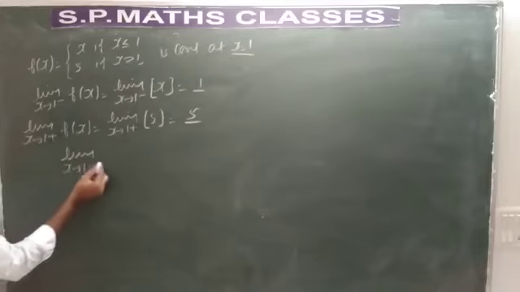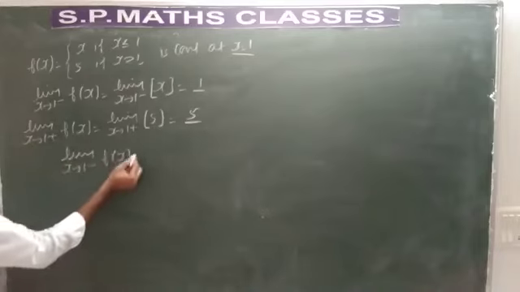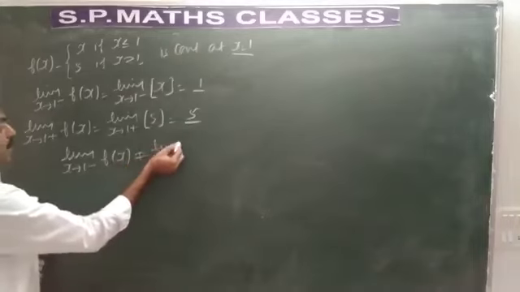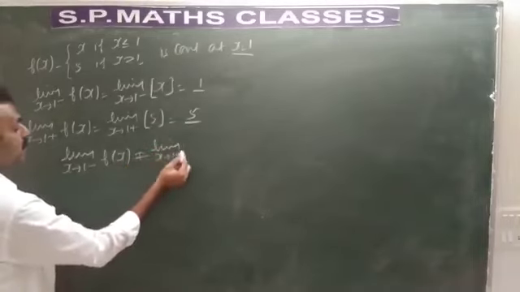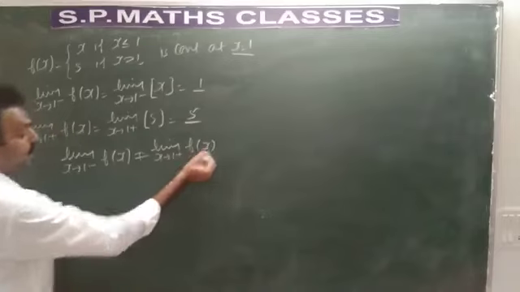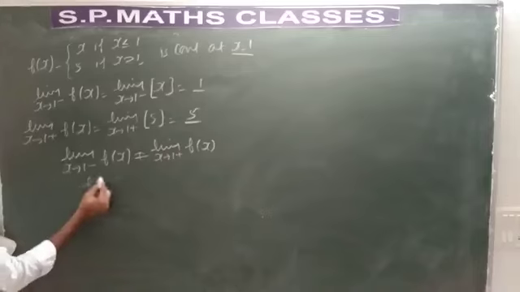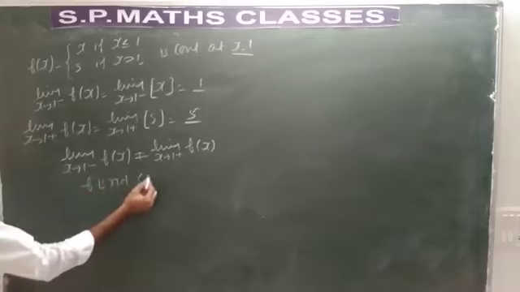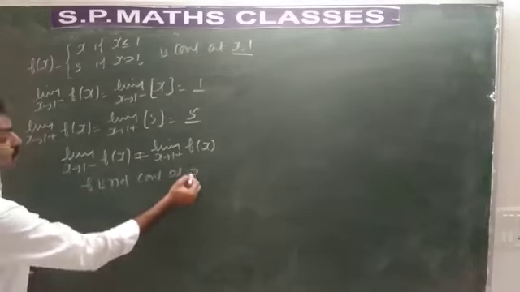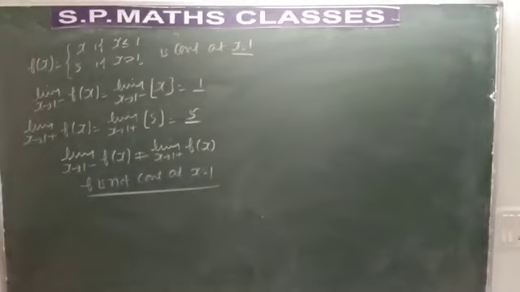Limit as x tends to 1 minus of f of x is not equal to limit as x tends to 1 plus of f of x. Left hand limit is not equal to right hand limit. So f is not continuous at x equal to 1.